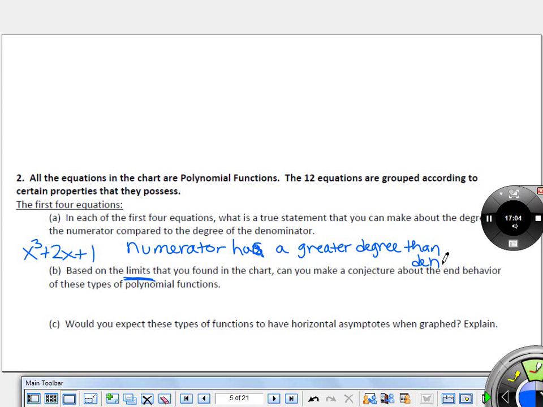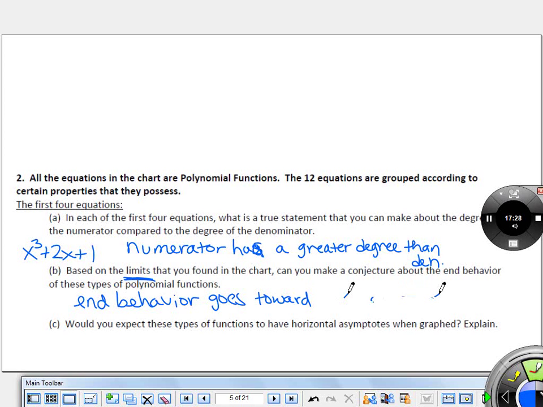So for part B, based on the limits, what's your conjecture about what this kind of function is going to behave like at the ends? So what do you guys think? Yeah, good. End behavior goes toward infinity or negative infinity.